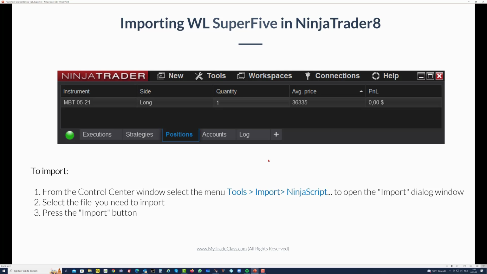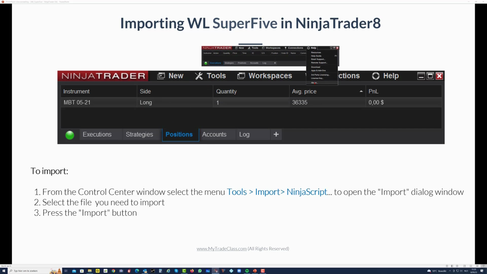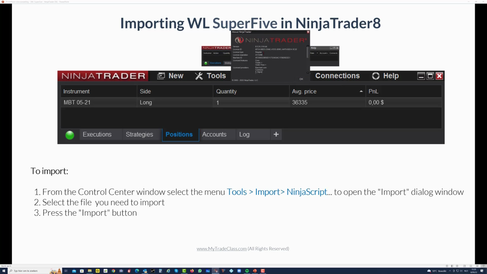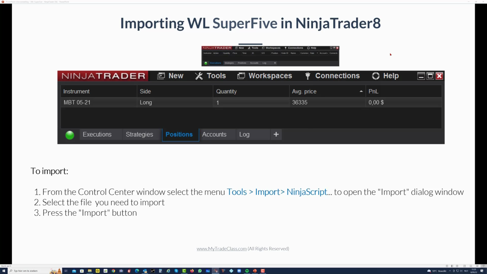What I will need from you is the machine ID, which you will find under help, about. I hope this is not too small, but there is a machine ID. That is actually the machine on which you use NinjaTrader. I will need that from you in order to activate this tool on the platform.